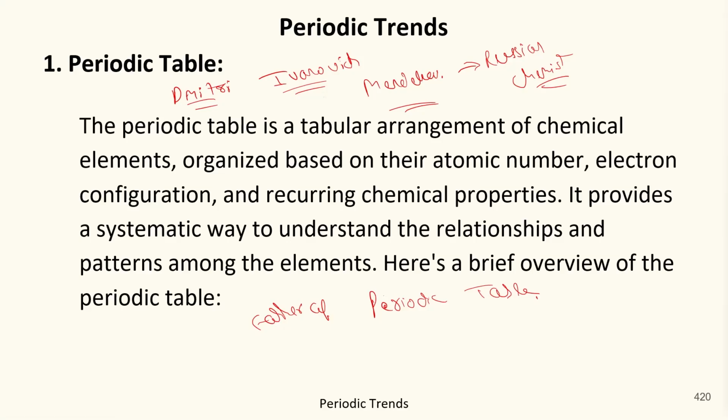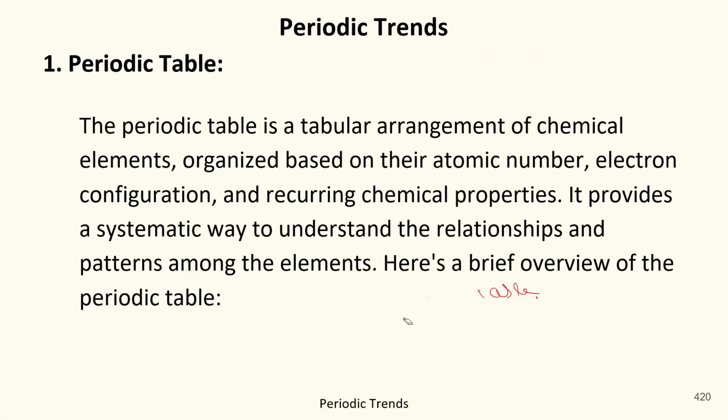Got it? Okay, so let's understand his concept of organizing the elements. First, he arranged the elements into periods and groups. Periods are basically the horizontal rows and groups are basically the vertical rows.